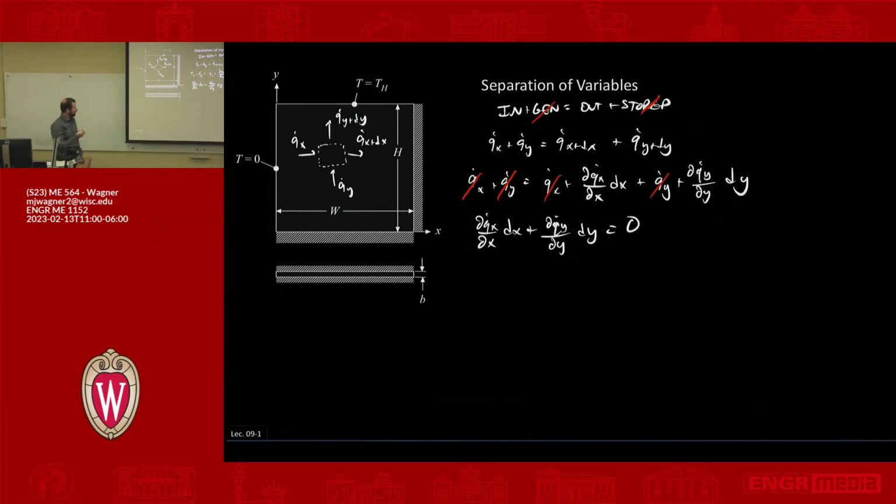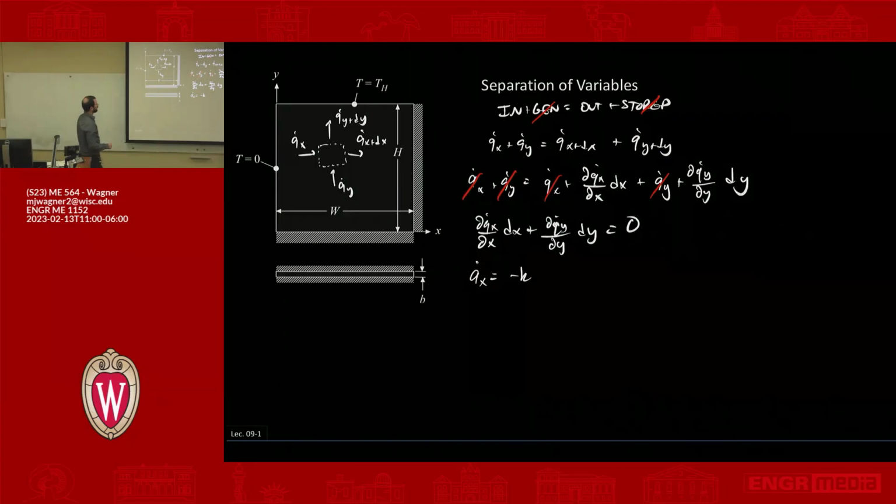So now we need to come up with expressions, our rate equations for q dot, again, right? Same thing. So let's plug in Fourier's law, but now it's going to be in x and in y. And there's a little bit of carefulness that we have to show there. So q dot x is equal to minus k times the cross-sectional area available for heat flow.